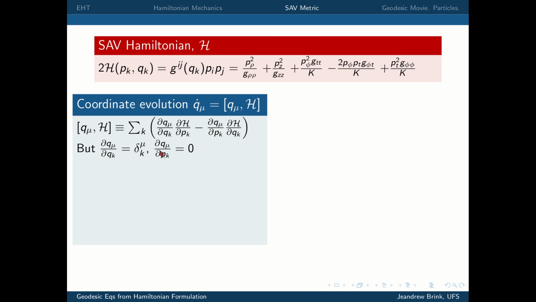Those two conditions simplify q dot mu into dH/dp mu, which is also your generalized Hamiltonian equation.